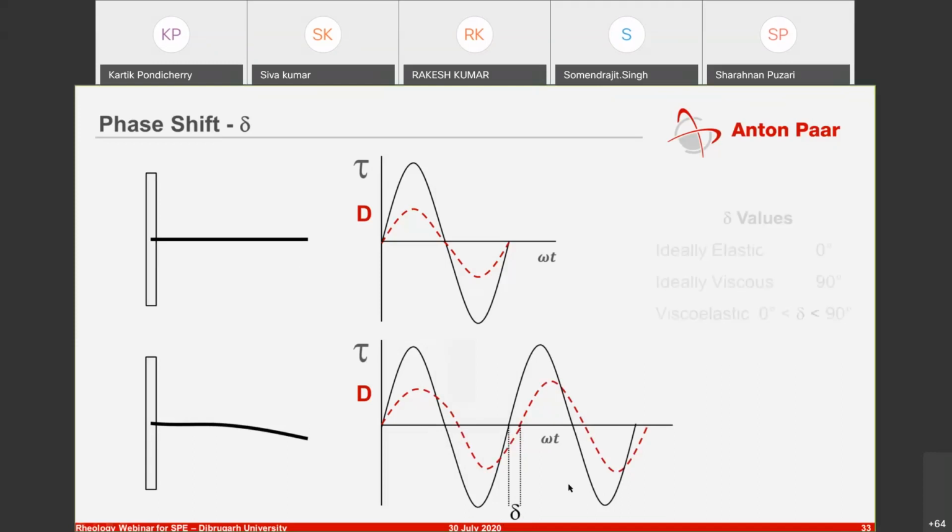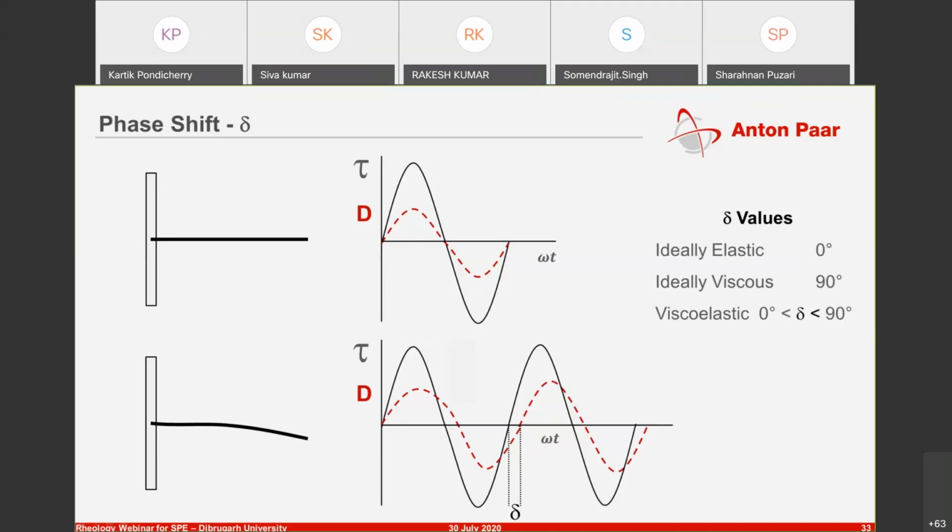For ideally elastic materials, the shift would be zero. For ideally viscous, like water, it would be 90 degrees. And for anything in between elastic and viscous, the delta would lie between 0 and 90 degrees.